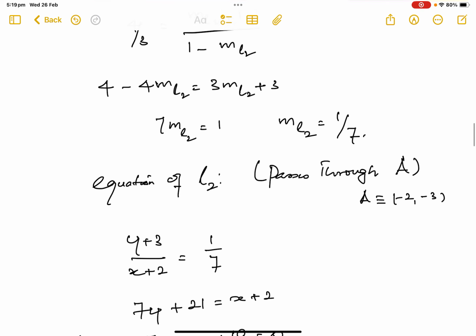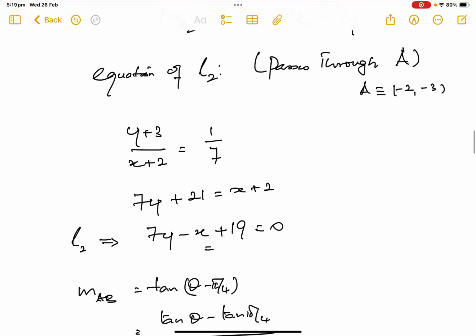And again, line 2 is actually going through A. So we know the gradient, and we know a point on that line, therefore the equation is simple to find. So it's y plus 3 over x minus 2... y plus 3 over x plus 2 equals 1 over 7.